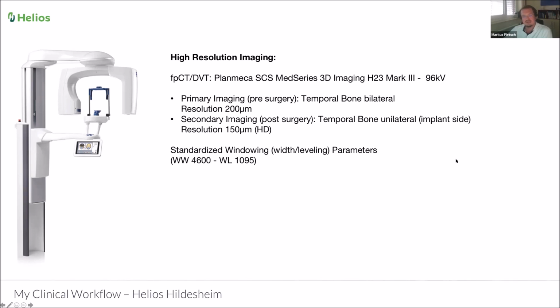And I think what is quite important to state is that you should standardize your windowing parameters so you can compare the different measures really well, because the windowing parameters have a high influence on how you measure the borders between the bony and the soft labyrinth.